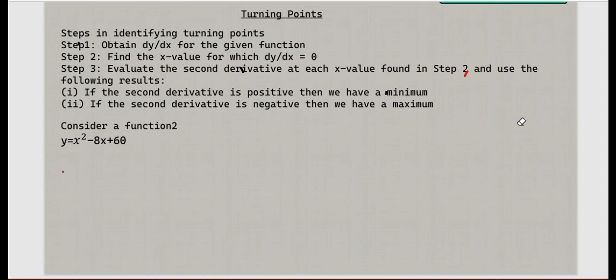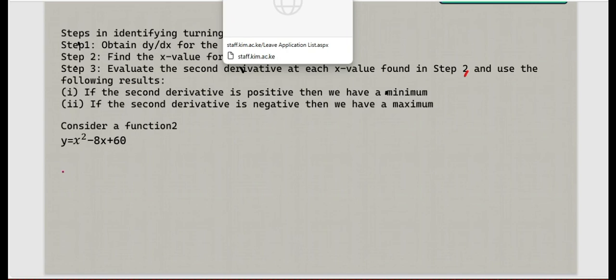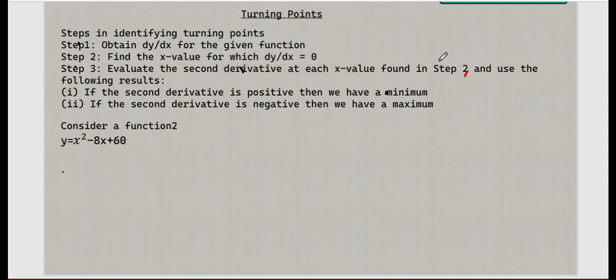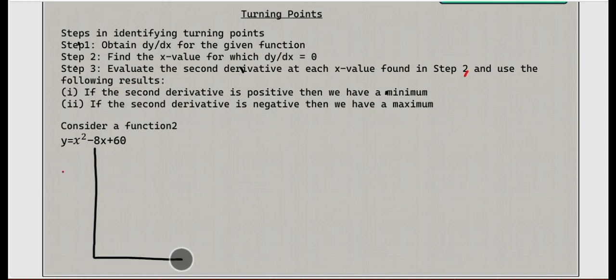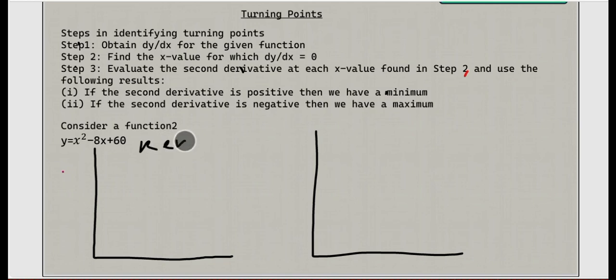A turning point is important, especially from the business perspective, because assuming you have 2 curves here, a revenue curve, and this is a cost curve. Now in terms of business, we all know what revenue is. Revenue is also sales. And we also know what cost is.